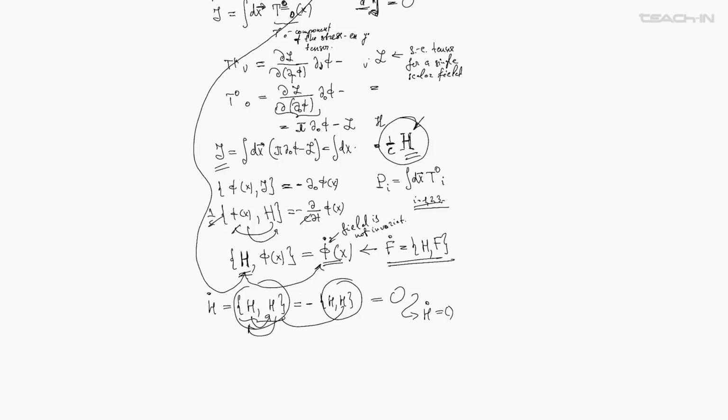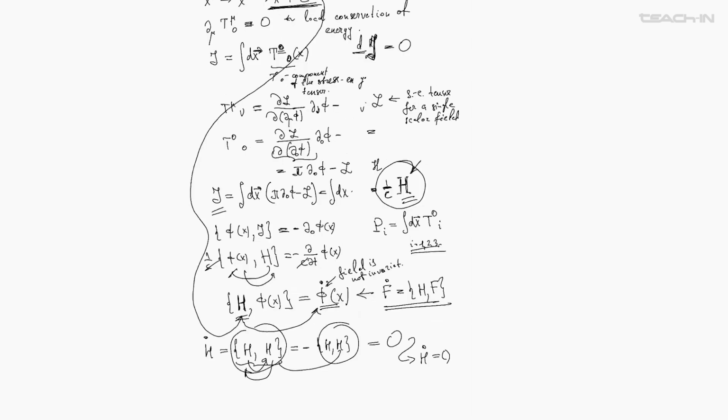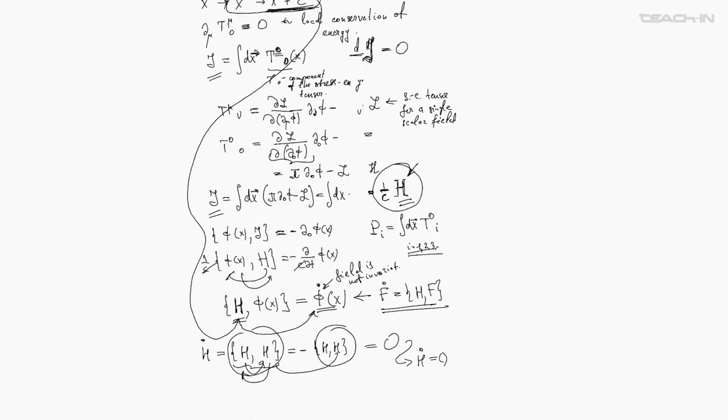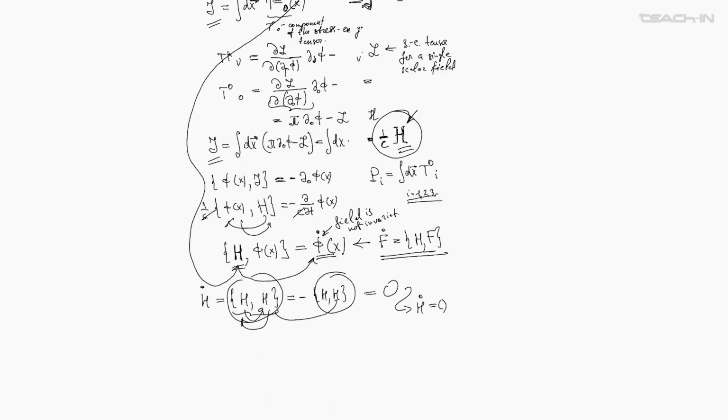Now, suppose you assume that your theory is invariant with respect to time translations. Yes. Then if this is the case, you derive from Noether theorem an expression for the corresponding conserved quantity. And you know that this is the integral of the component T00. And then for the case of a scalar field, you see that the corresponding Noether generator, according to the Hamiltonian formalism, coincides with the Hamiltonian. Yes.